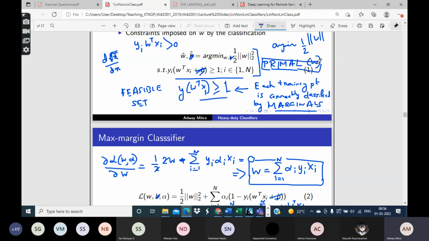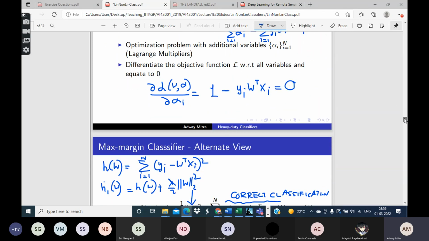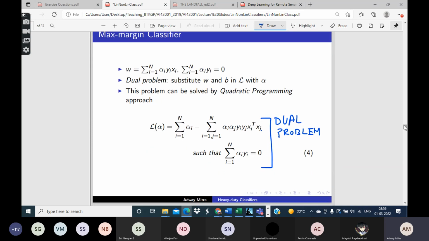Now that same problem is expressed in a different way in turn. Now W is gone. We have a problem only in terms of alphas, and that is called the dual problem. Now the good thing is that this fits into the standard form of an approach called quadratic programming.